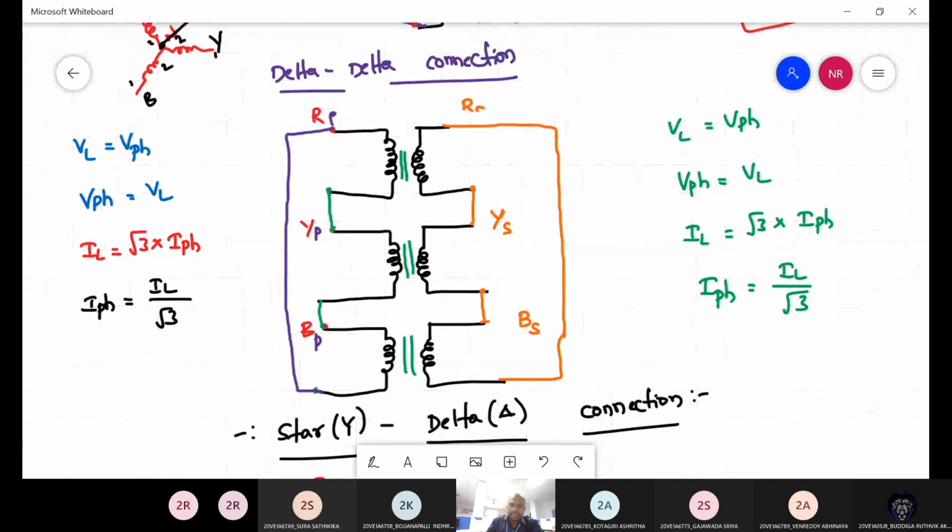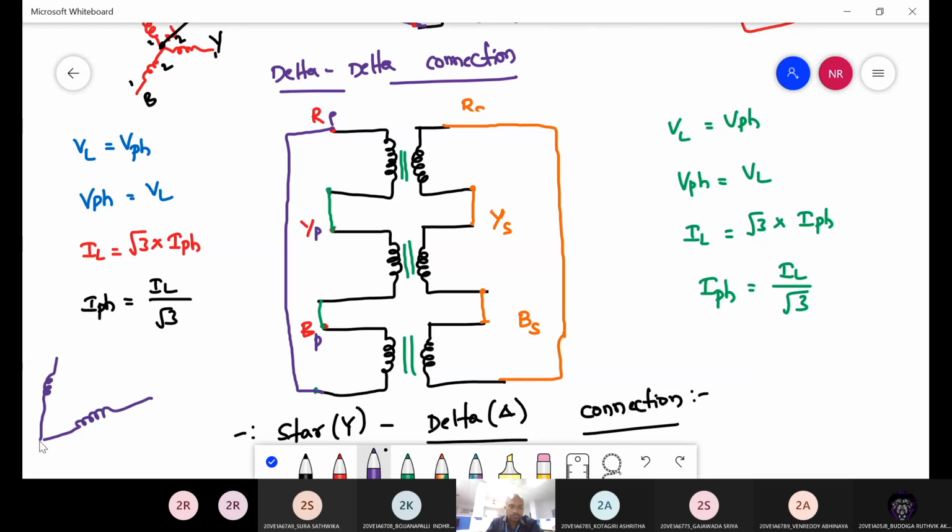Next one, delta delta connection. So here delta connection is nothing but here I am drawing the simple circuit of delta connection. R, Y, B. Then every winding has R winding, one end, second end.